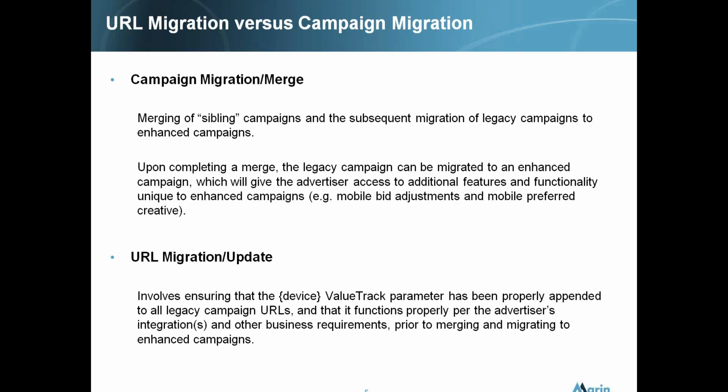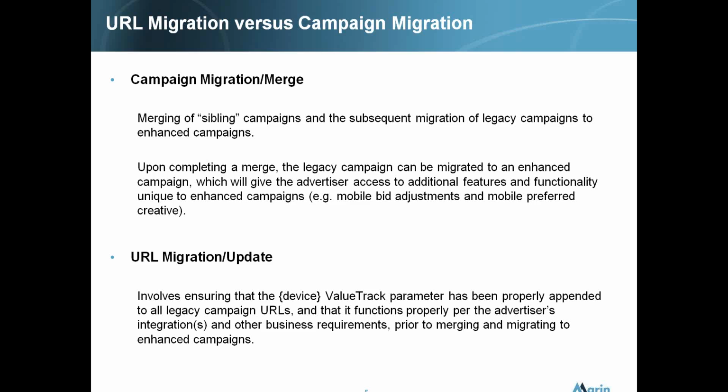I know there is a lot of different terminology being thrown around, and we're all getting used to new terms and new concepts with this enhanced campaign update. But I did want to make two points of clarification here: what is a campaign migration or a merge versus a URL migration or update.